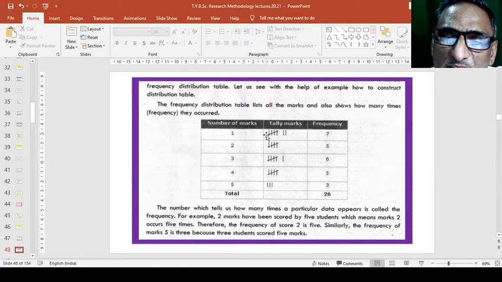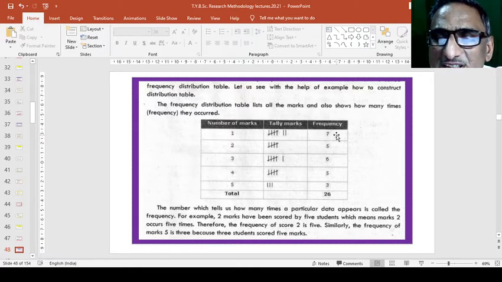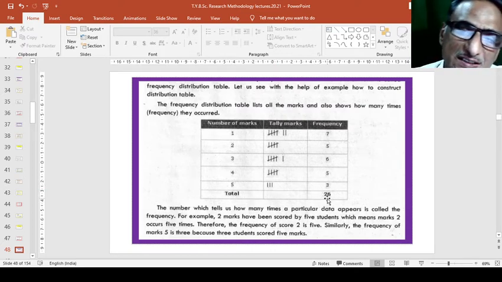Therefore the set of 5 lines is marked as the tally mark. And 2 again, so 5 plus 2, 7. So frequency is 7. Here in second 5, in third 5 and 1, 6, in fourth 5, and in fifth 3 only. So there are total 26 frequency.